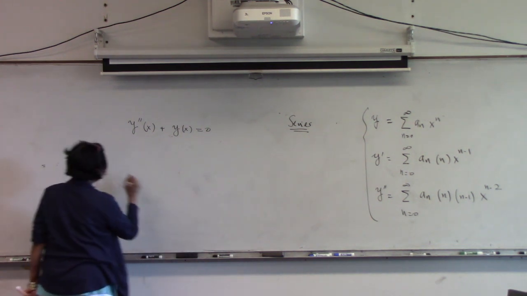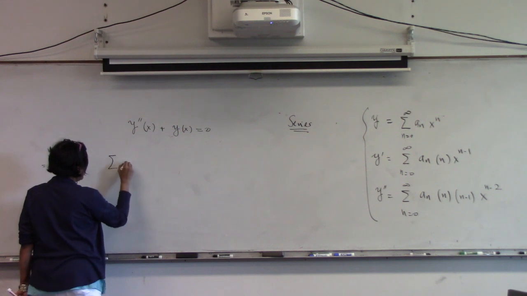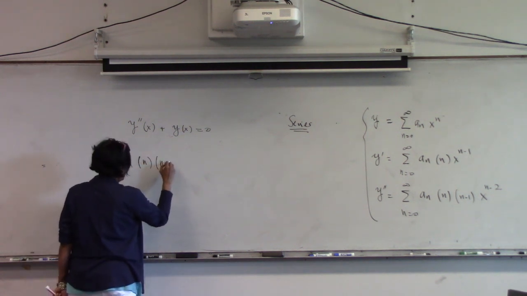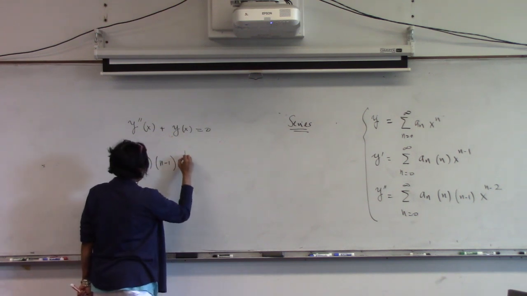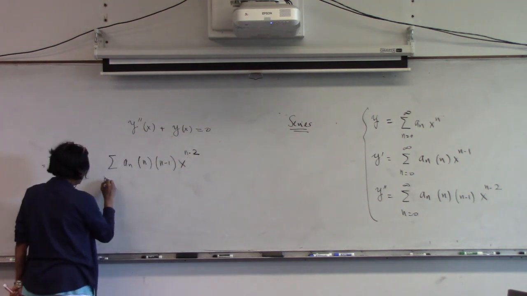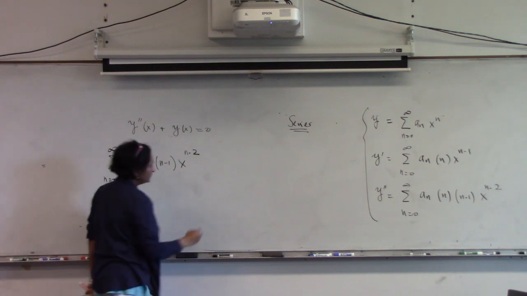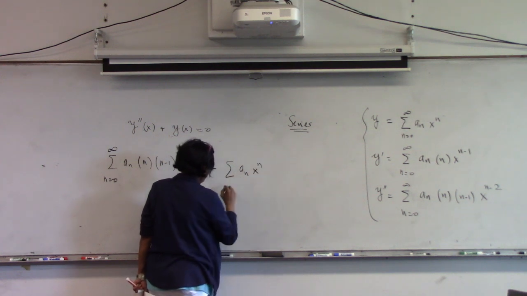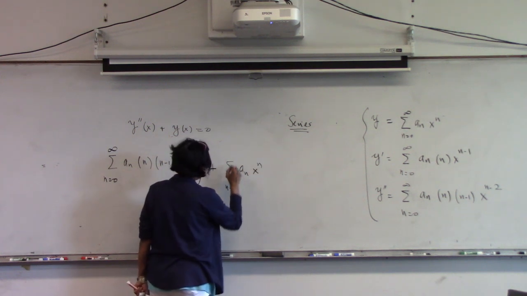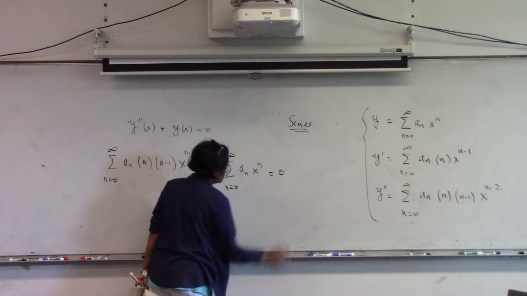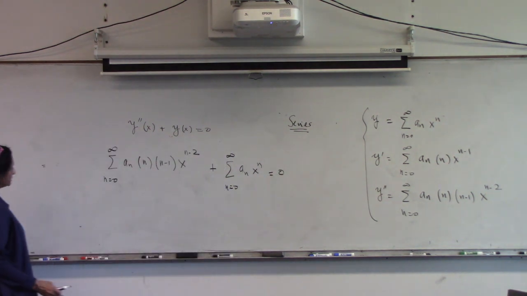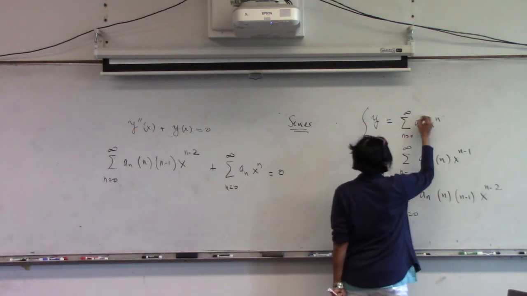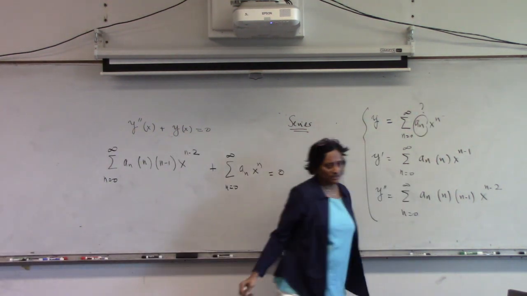So y double prime plus, I don't have a first derivative term in this case, y equal to 0. All I've done is substitute all that, and I have to somehow come up with the coefficient a sub n.